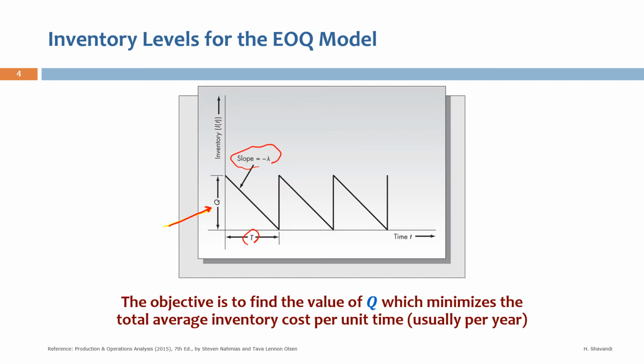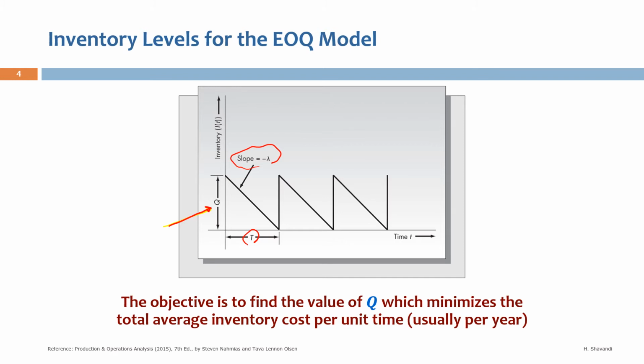Lambda is our fixed and constant rate of demand per year. We are going to optimize Q, to obtain the optimal order quantity in order to minimize the total cost of inventory per unit time, usually a year.